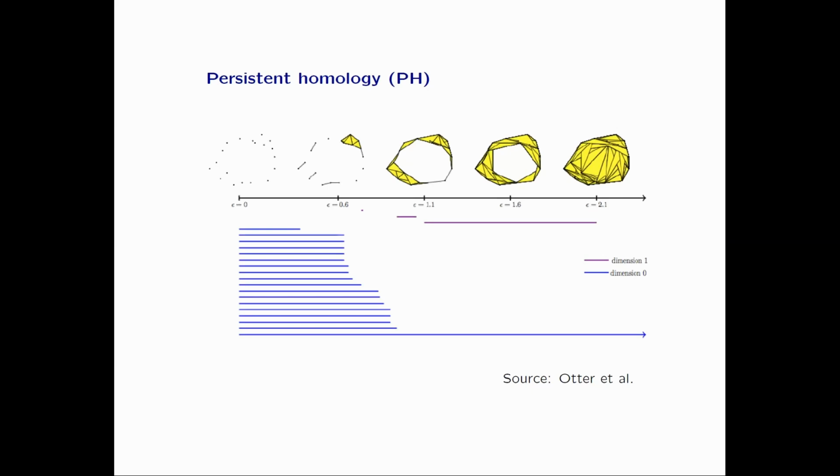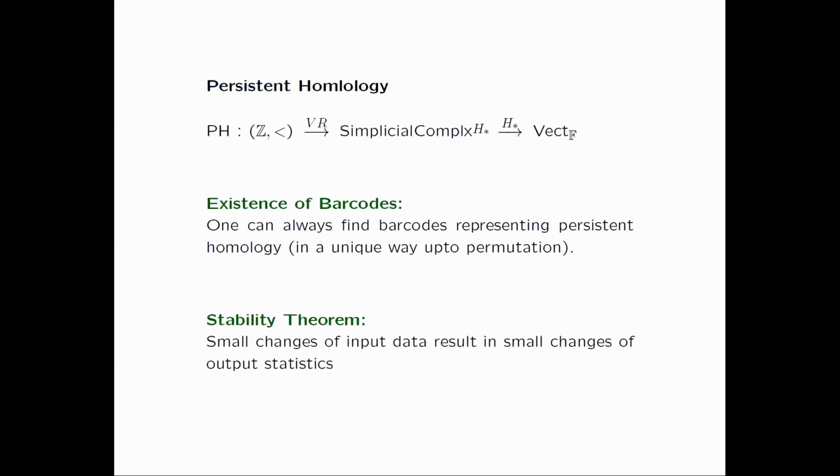Now, that gives us some sort of summary of the data, which you might be able to do statistical analysis on and use in more general data analysis. Now, maybe formally we can think of persistent homology as something on the line Z as an ordered line, we apply the vertices Rips complex, and then we apply homology, and we get these vector spaces.